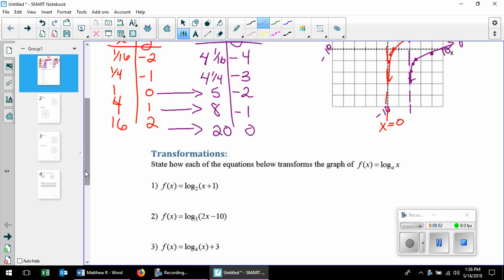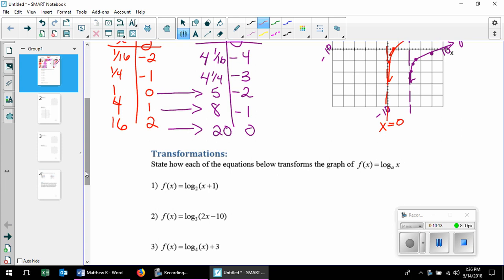So that's why I always put the boundary of the asymptote on, because it keeps me in check of where my graph should actually go. But you don't have to. As long as it has correct asymptotic behavior, I count it as if you had drawn that asymptote on. Does that make sense?